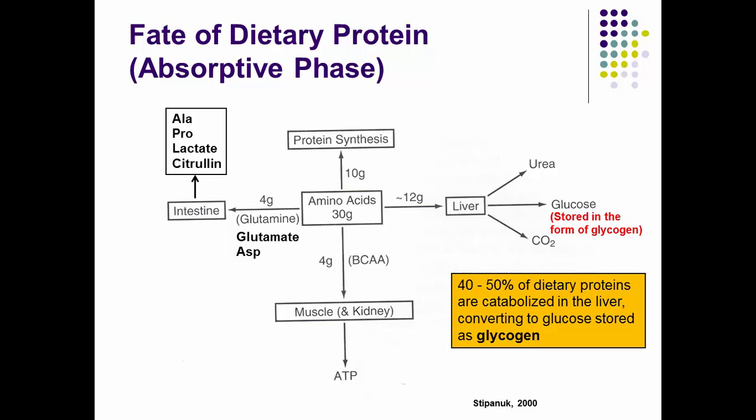And 4 grams of amino acids, particularly branched-chain amino acids, will go to the muscle and also the kidney for further metabolism. And 4 grams of amino acids stay in the small intestine, particularly glutamate and aspartic acid, which are metabolized there for ATP production and release their products.